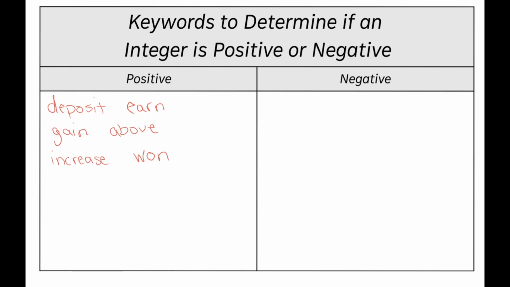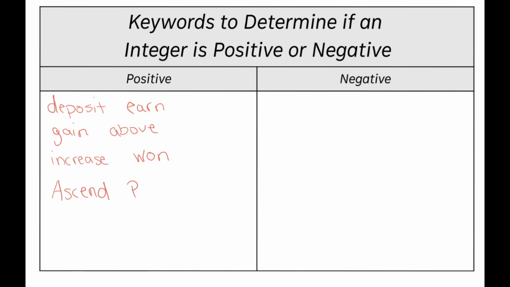Won. If you won a game, that would be a positive situation. Ascend is another one. Ascend. That means going up. That is a positive situation. When a plane takes off, it ascends into the air. That is a positive situation.